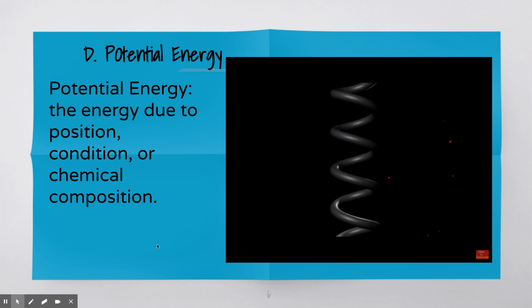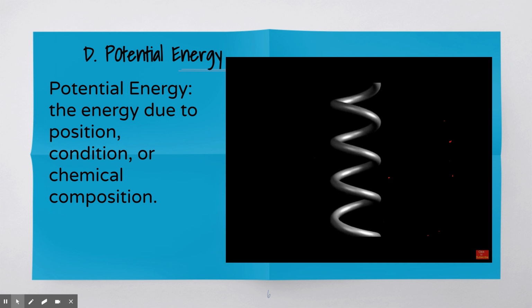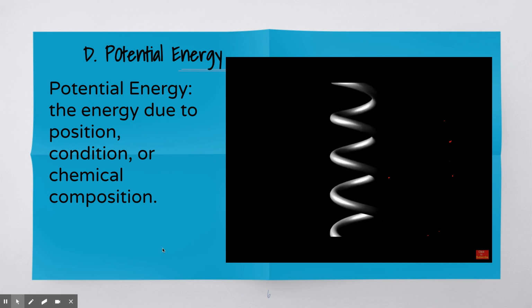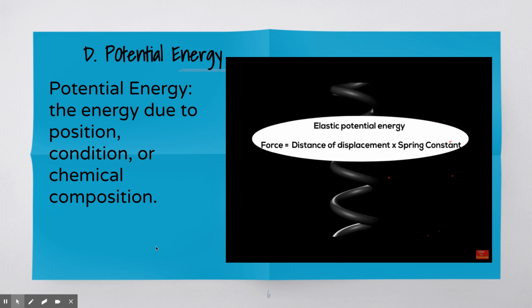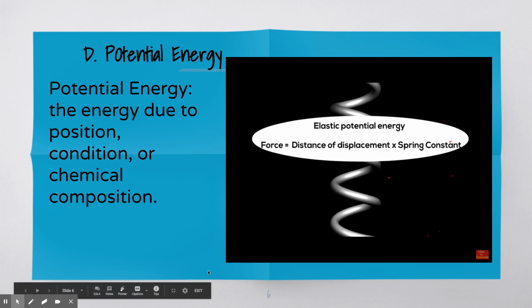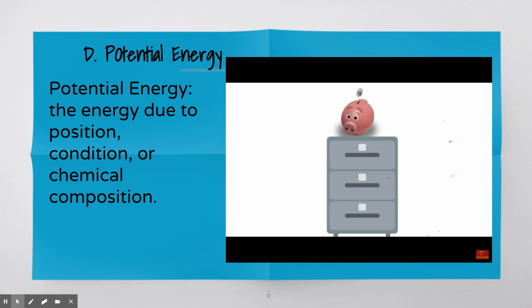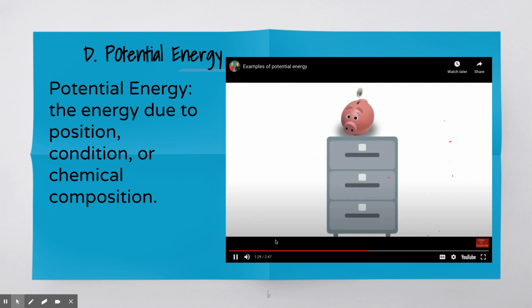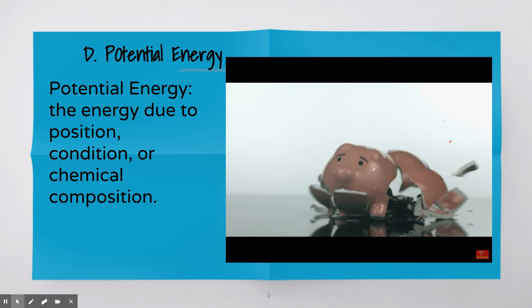This spring is an example of elastic potential energy. The potential energy is equal to the work it takes to stretch the spring, the distance stretched, and the spring constant K. This piggy bank sitting on top of the box is an example of gravitational potential energy.